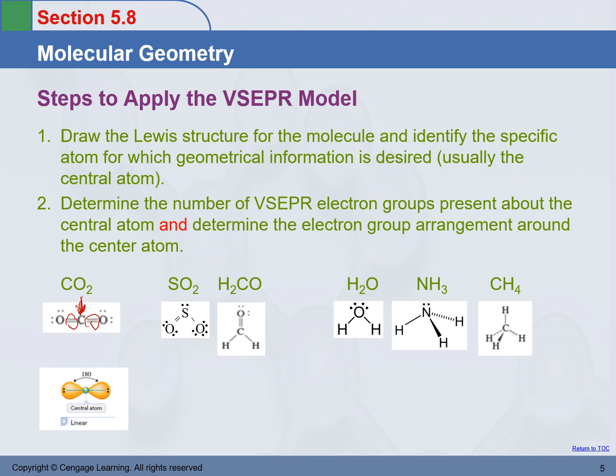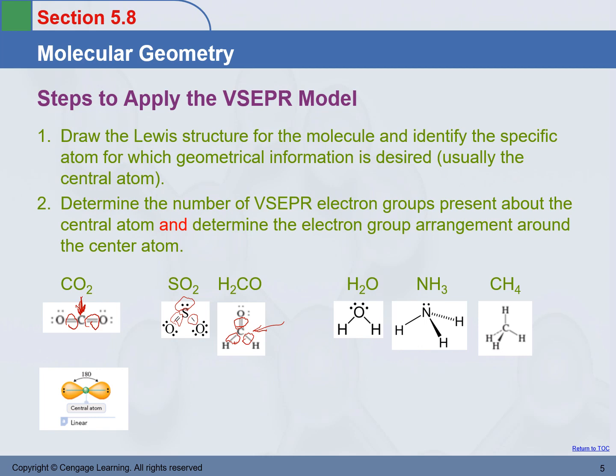Let's look at the second one, sulfur dioxide. One double bonded group, a single bond is a group, a lone pair is a group. There are 3 groups of electrons around the center atom. Let's look at this one. The carbon is the center atom. 1 group, 2 groups, 3 groups.